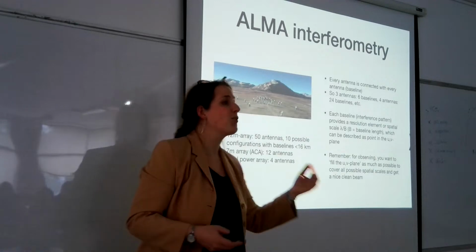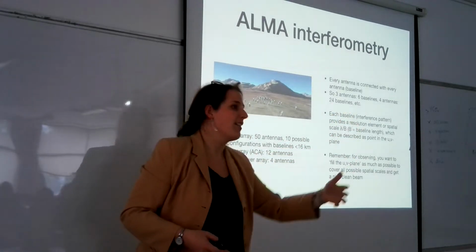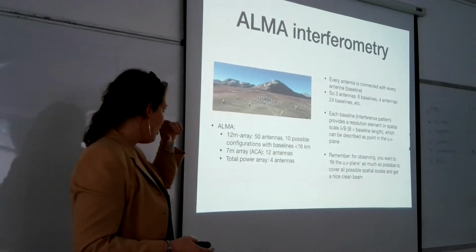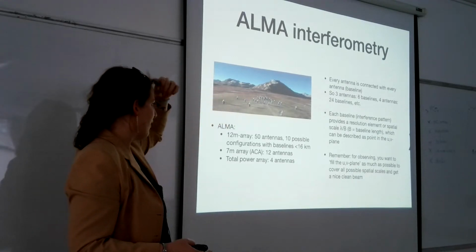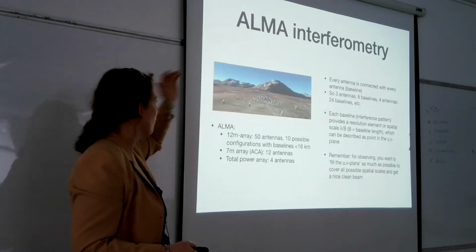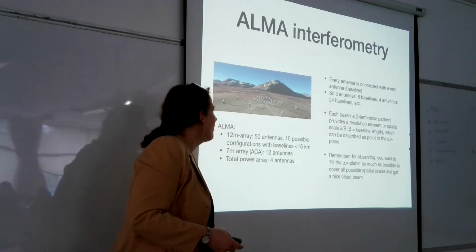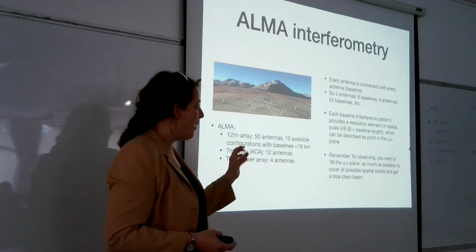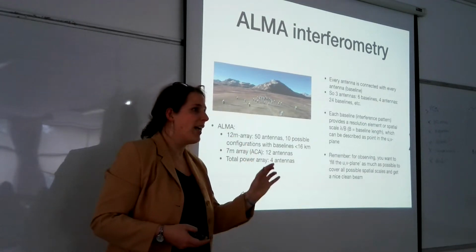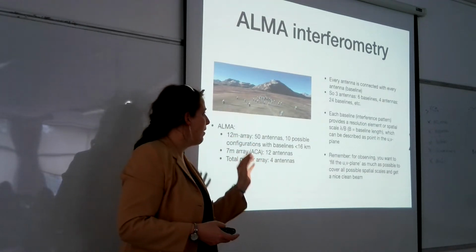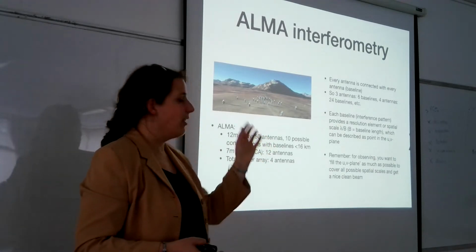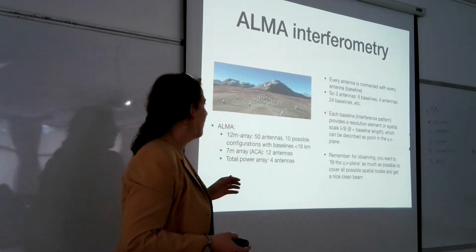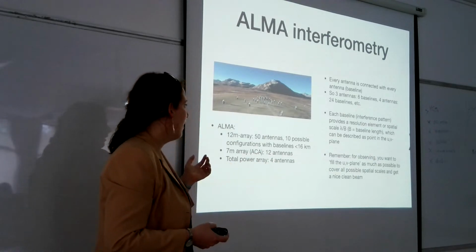If you have 4 antennas, you have 24 baselines, etc. ALMA itself has, I don't know, thousands or even tens of thousands of baselines. Each baseline provides a resolution element at a certain point in time on a spatial scale of lambda over the baseline length. So that's a point of the UV plane.